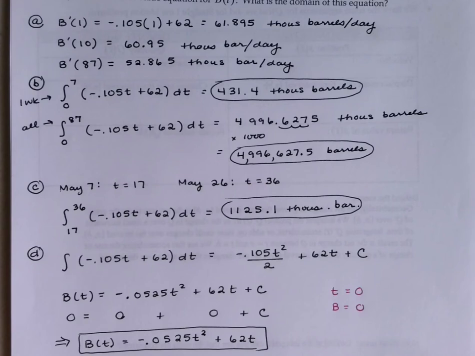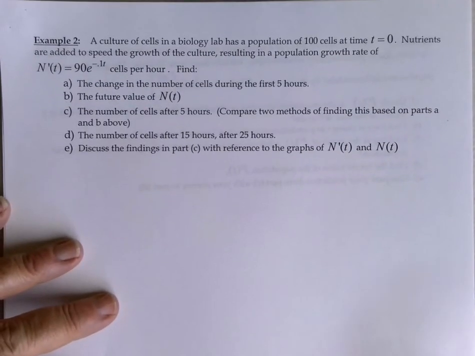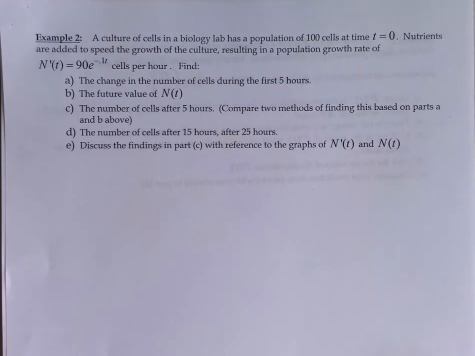All right, let's try another example. So in that example, it was the amount of oil that was changing, the amount of oil that had escaped from our well. In this next example, it's going to be the number of cells that are going to change in a cell culture in a biolab.